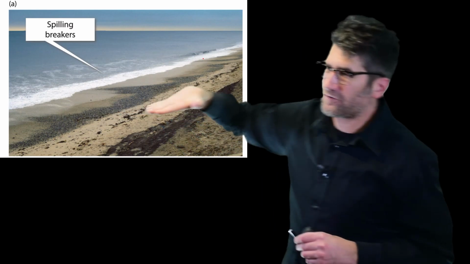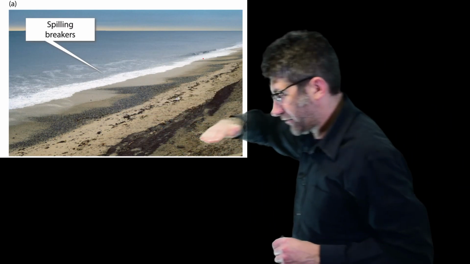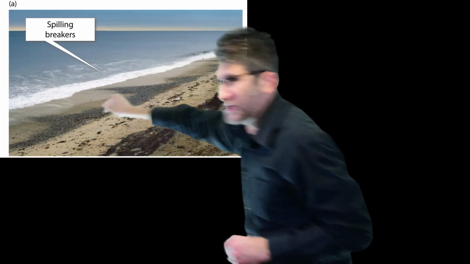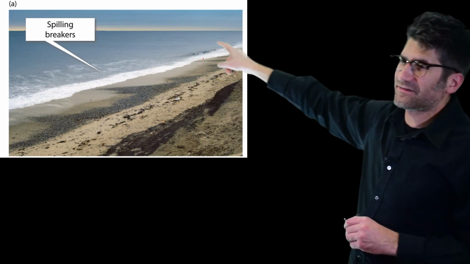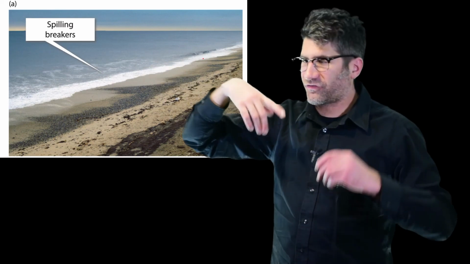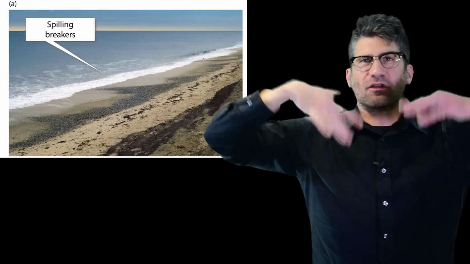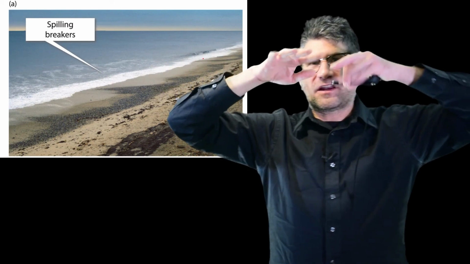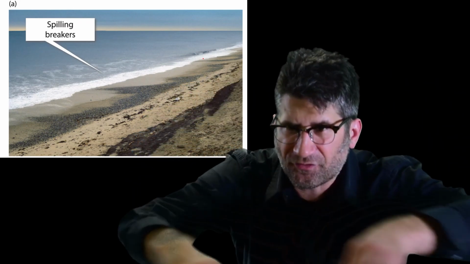If you've got a very gentle coastline where it goes very gently out into the ocean, that coastline morphology will generate what are called spilling breakers. These are relatively low energy waves that just spill out and splash along the coast.